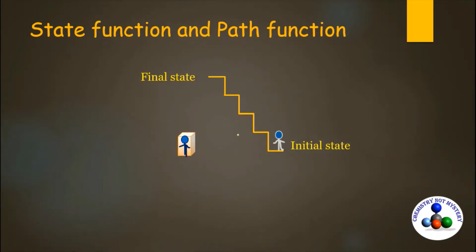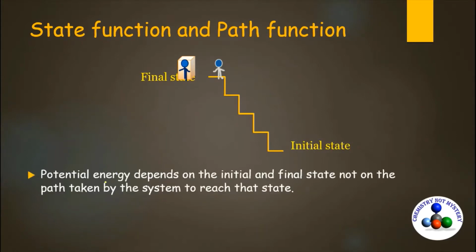both guys want to reach the top floor, but one took the stairs and the other took the lift. This way, both reached the top floor, but the potential energy depends on the initial and final state, not on the path taken by the system to reach that state.